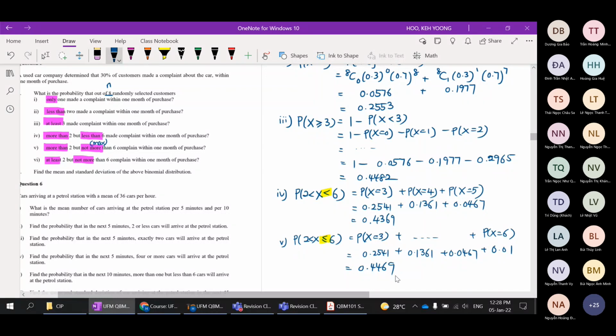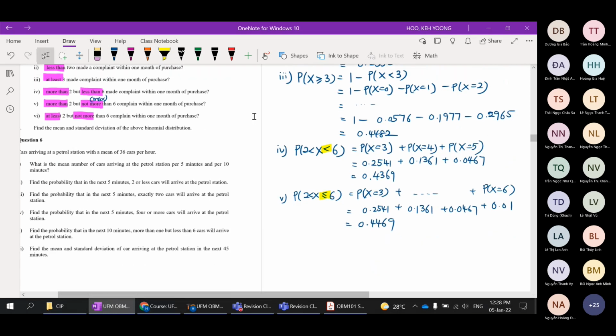Okay, and then question 6, at least 2, but not more than 6. At least 2 means now you will include 2.